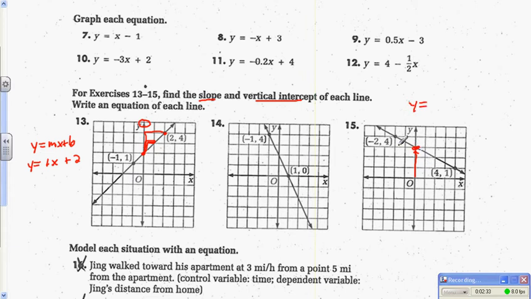Well, if we go from the y-intercept to the next point where it crosses, I'd go down 1 to the right 2. So down 1 means negative, to the right 2 is positive. So we'd say y equals -1/2 x, and the y-intercept we said was 3, so plus 3.